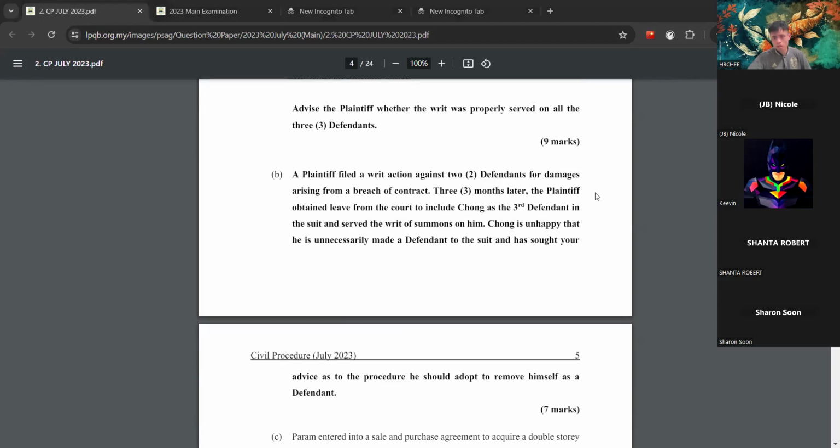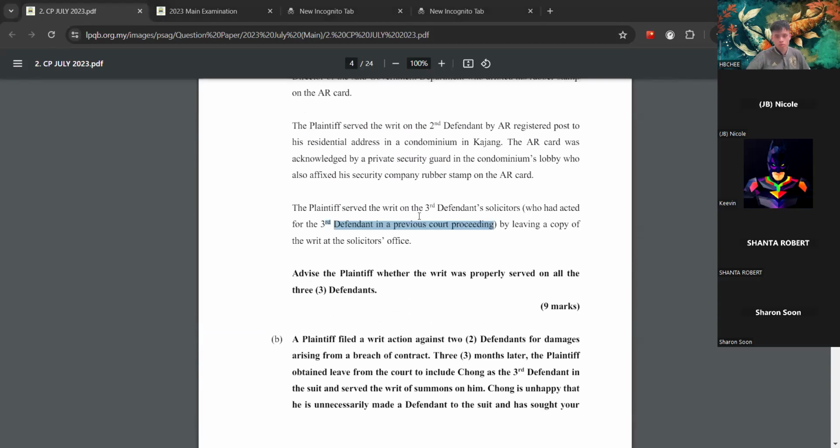Okay, Cindy, I saw your question already. Not necessarily, because the fact here is a bit confusing for the candidates. I was also confused and trapped, because I was having the same thought whether the third defendant has to use a new solicitor.